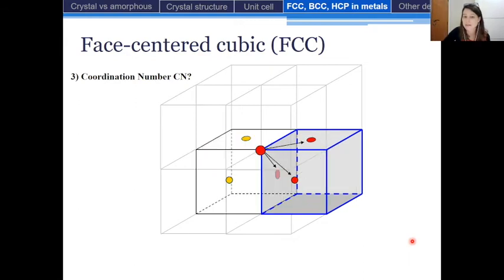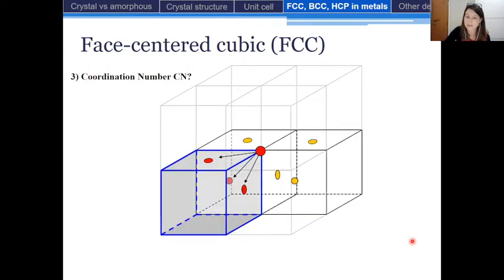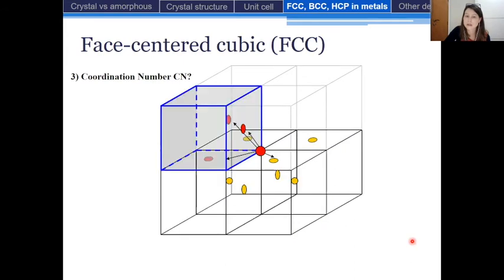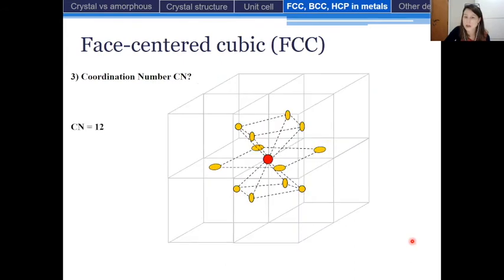Okay, 3 of them. Considering this unit cell, we have also these 3 atoms. Okay, but one of them was already counted on the previous unit cell. This one, that one, that one, that one, that one, that one. So in total, we can count 12 closest neighbors, in the way that we counted in each unit cell. So in that way, the coordination number in the FCC structure is 12.